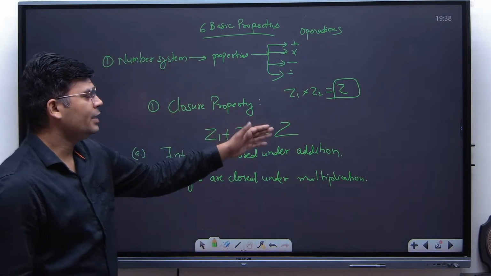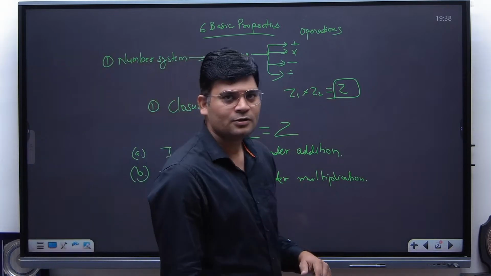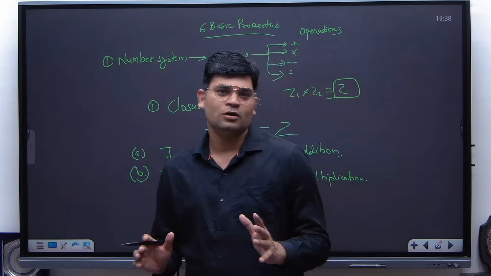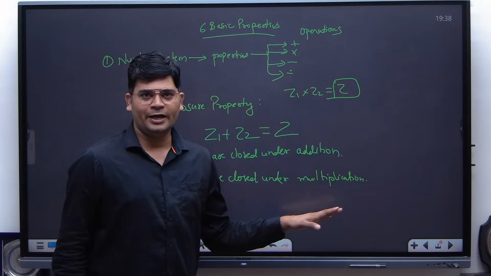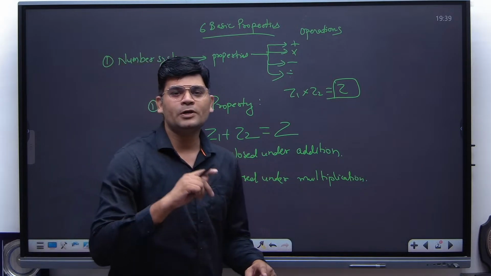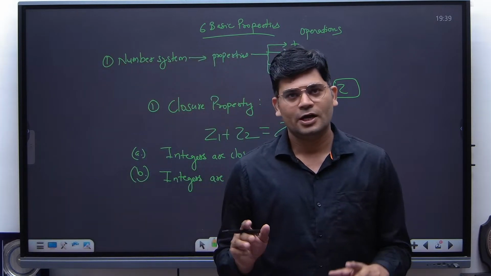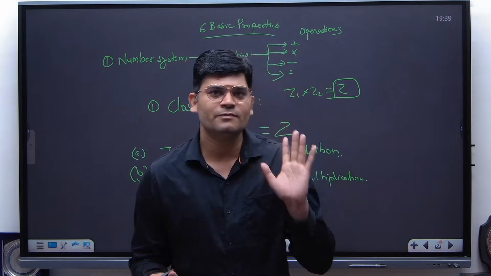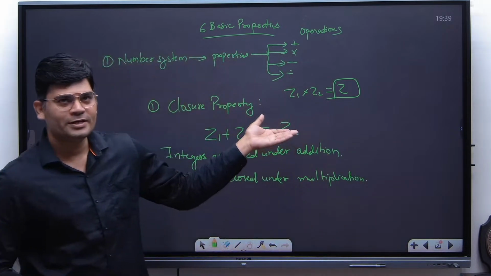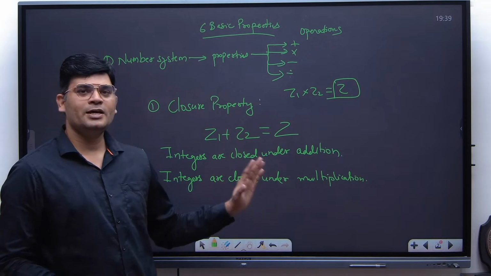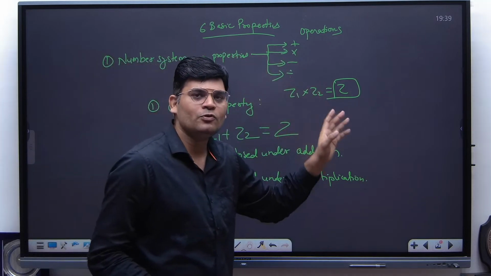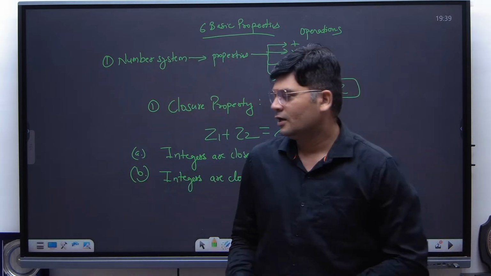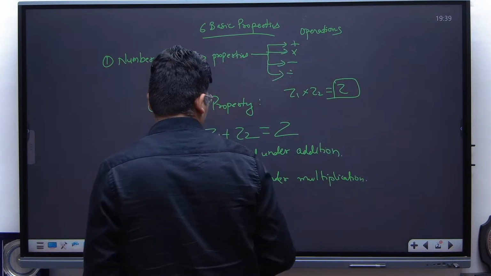If you don't get it, tell me a counterexample. If you want to prove anything wrong, you just need to give one example. Since you don't have any example, whatever I am saying is correct. You take any two integers, you multiply them, you will always get an integer. Let it be 0, positive, negative, any integer.